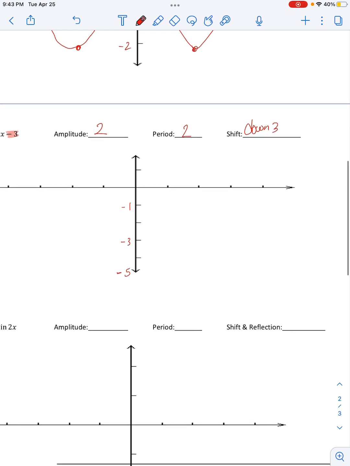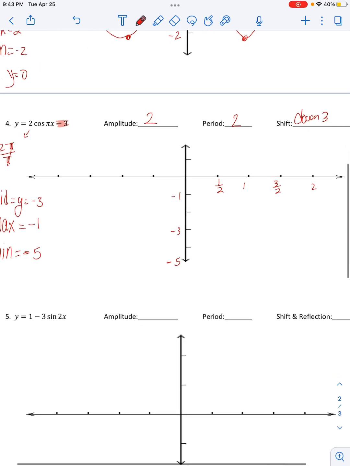So again, we're going to do 2 times 1/4, which is 1/2. 2 times 1/2 is 1. 2 times 3/4 is going to be 3/2. So we have 1/2, 1, 3/2, and 2. So cosine starts at our maximum.